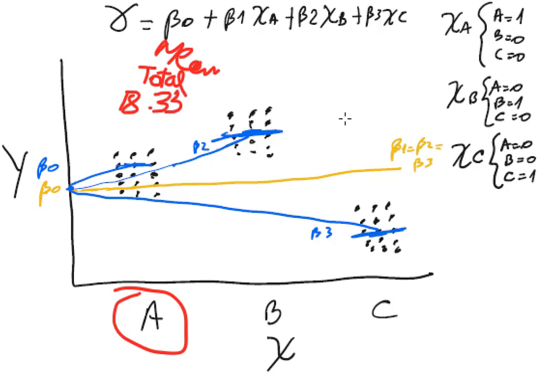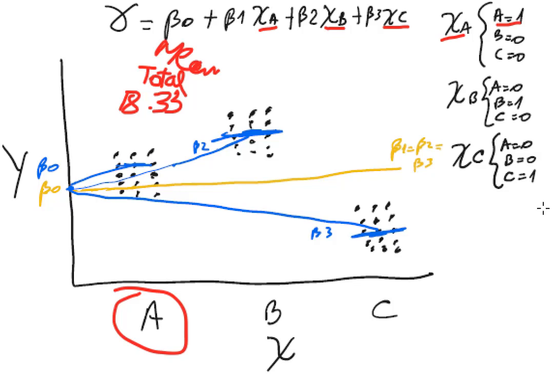So instead of creating two dummy variables, we now have to create three dummy variables. One called XA, another XB, another one XC. So we have the additional one is XA, in which we are going to have one for the group A, B equals 0 and C equals 0.